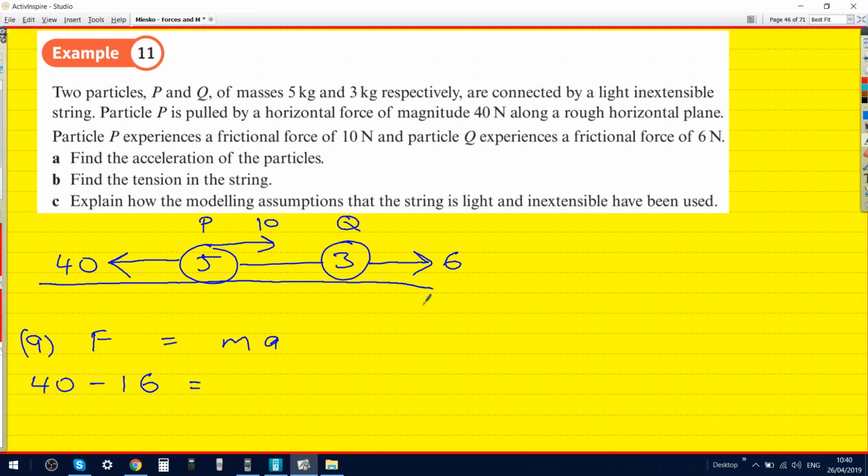How do you get 24? 40 minus 16. Oh, sorry. Yep. And then that equals 8 kilograms, divided by 8, so that's 3 meters per second squared. Yes, that's it. Okay. B.